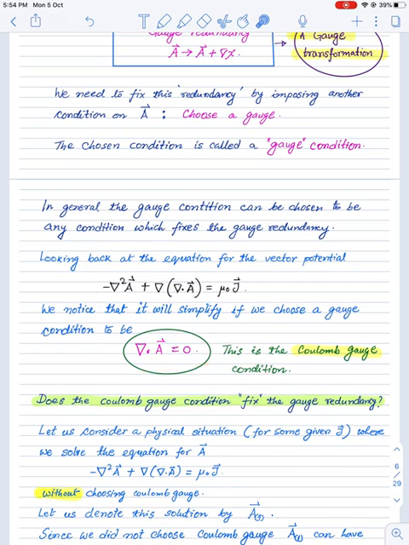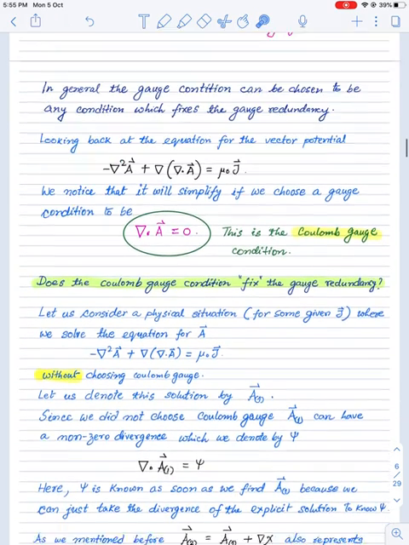This condition can be chosen to be something else also. Again, later on during the course, we'll see that we'll choose this condition to be something else as well. But this is a very good gauge choice, and it's a valid choice by which we can fix this redundancy, and therefore, we can just choose it and proceed.